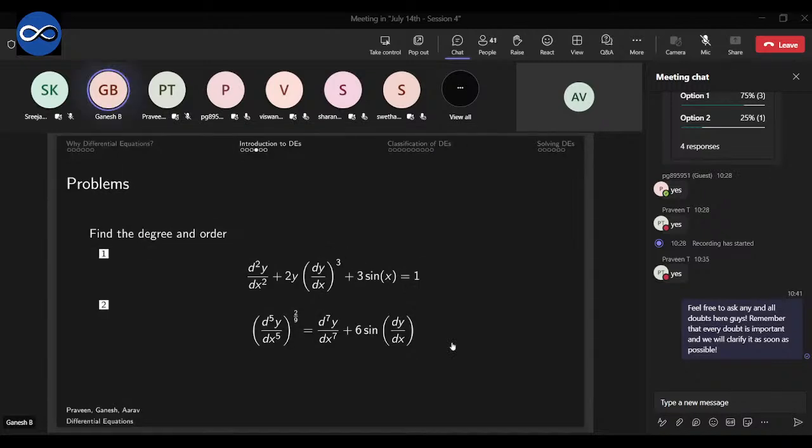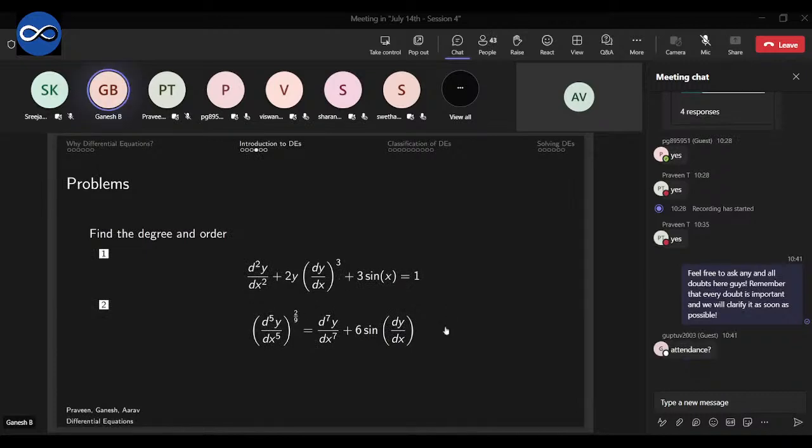If you have these problems, I think Praveen will start a poll now for the first problem. Try answering this. Try finding the degree and order of the first differential equation. Praveen, can you start the poll?